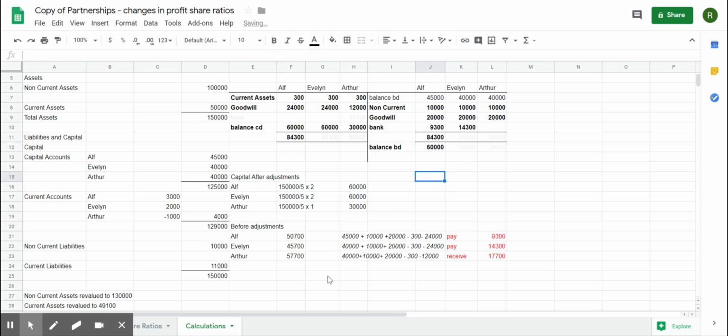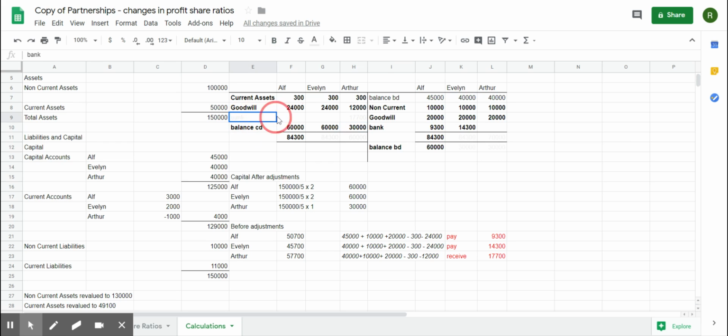Okay, but now we come to Arthur. Well, Arthur, in theory, would have 57,700 as being his capital figure to carry forward, adding together the credit entries and taking off the two debit entries. But he only wants to have 30,000 of capital remaining in the business. So there's a difference there of 17,700.